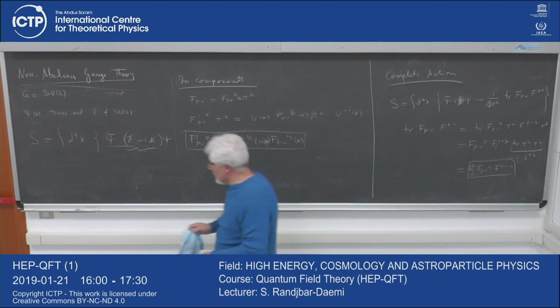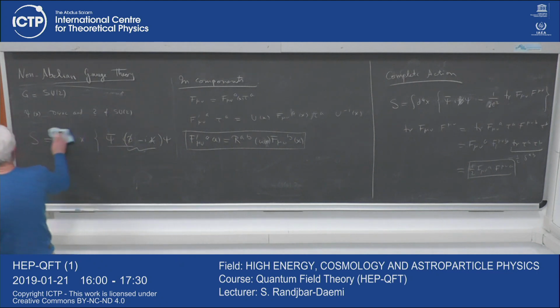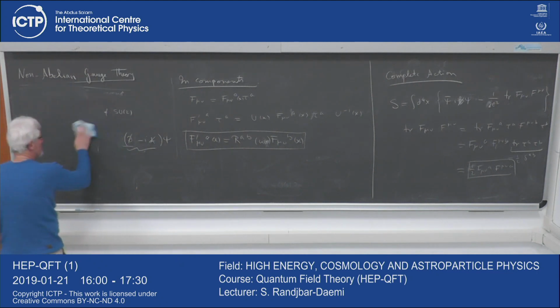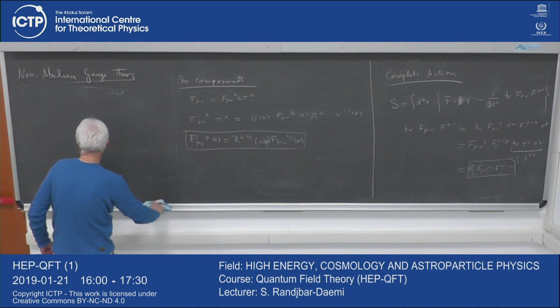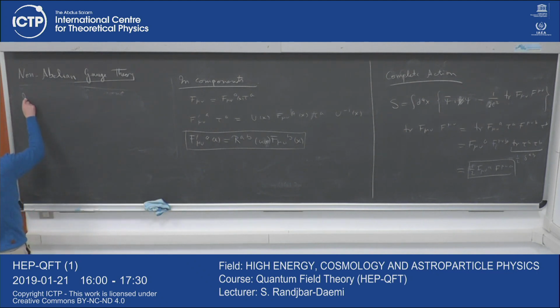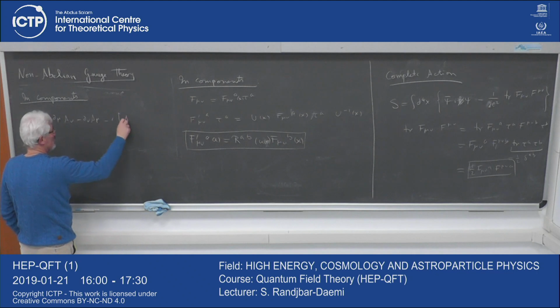Now, how are A and F related to each other in terms of their components? In components, we said that F_{mu nu} is d_mu A_nu minus d_nu A_mu minus i [A_mu, A_nu].